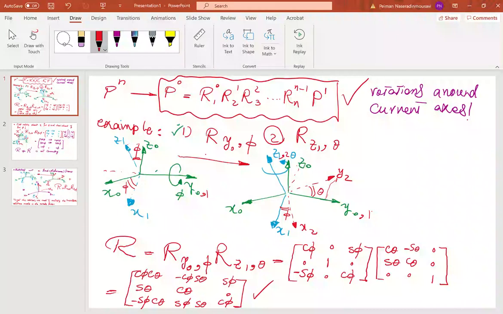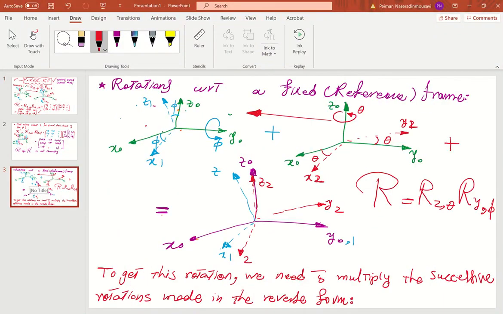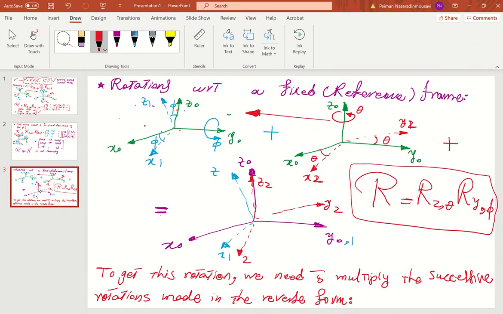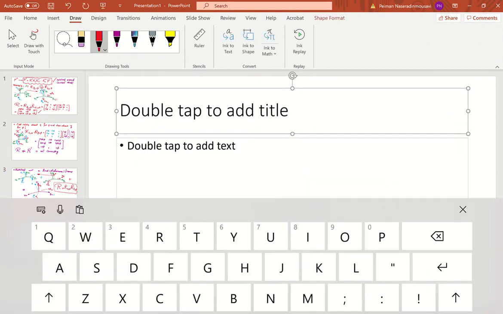That's right. And then z and theta. But if you are doing around the fixed coordinate frame, you have to go backward. This is the rule. In the next picture, I'm going to teach you. This is the difference between them.